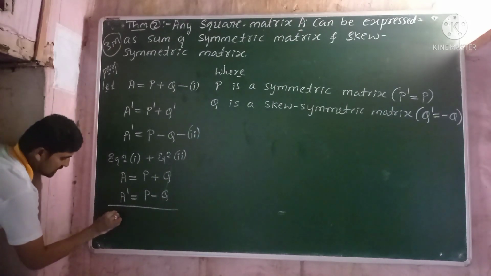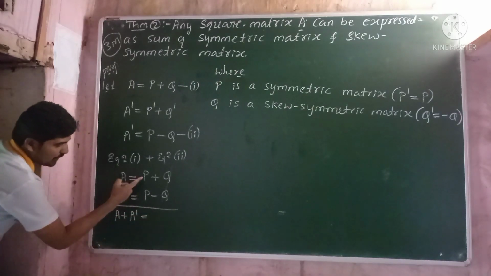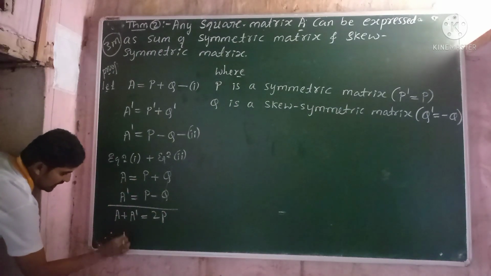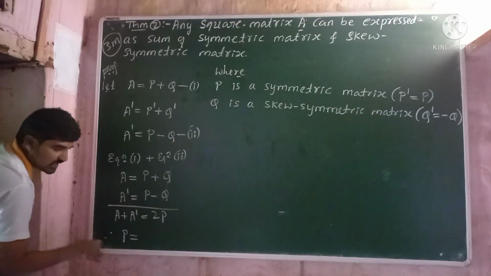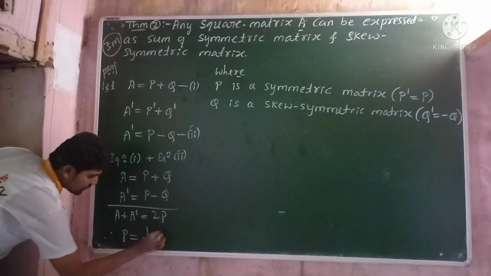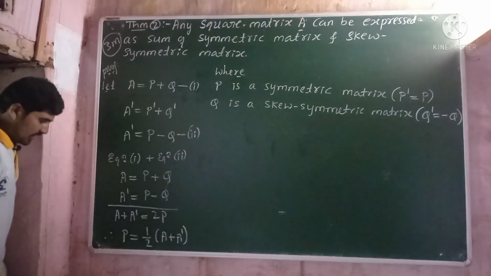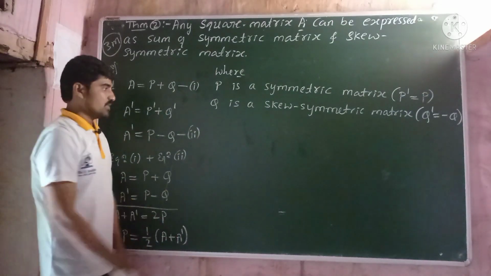A plus A dash is equals to P plus P is equals to 2P. Therefore, required matrix P is equals to, shift this 2 towards the left hand side, it becomes 1 by 2 into A plus A dash. Therefore, required matrix P is 1 by 2 into A plus A dash matrix.